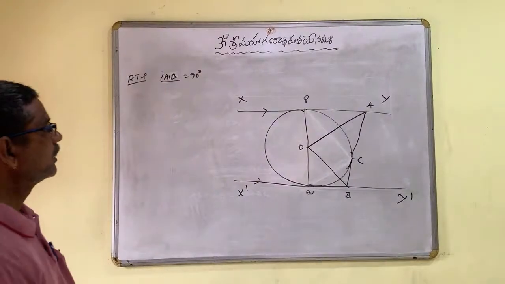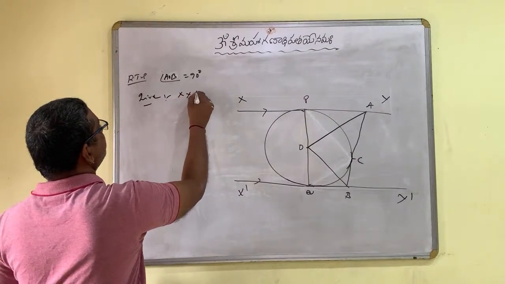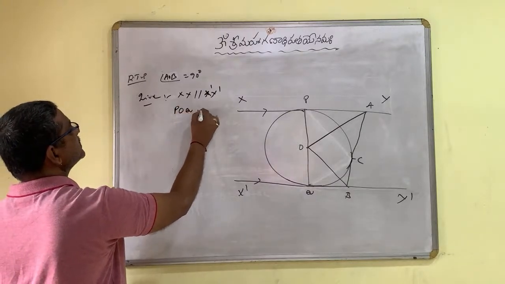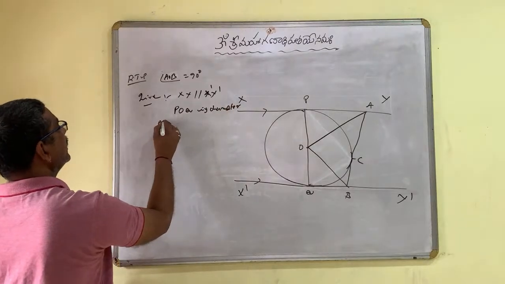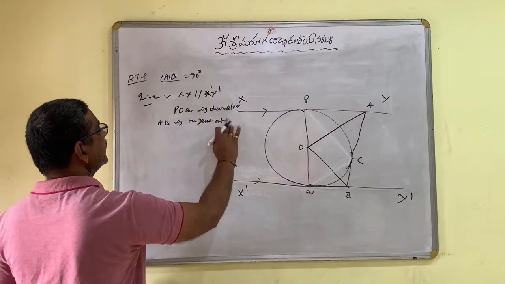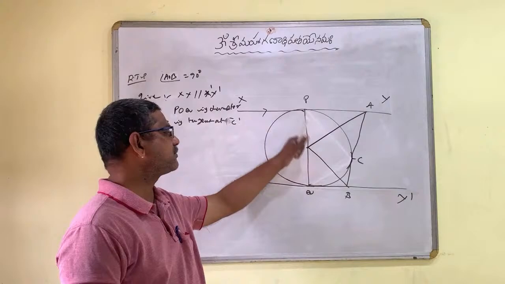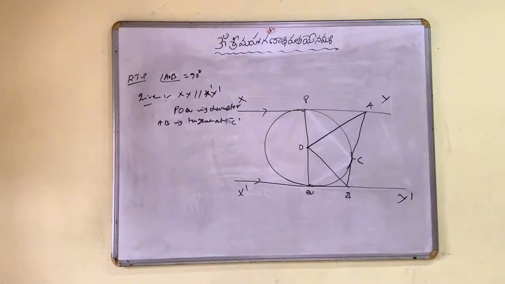Now, how to prove this? What is given? XY is parallel to X dash Y dash. POQ is diameter. AB is tangent to the circle at C. Here lines XY and X dash Y dash are parallel tangents.